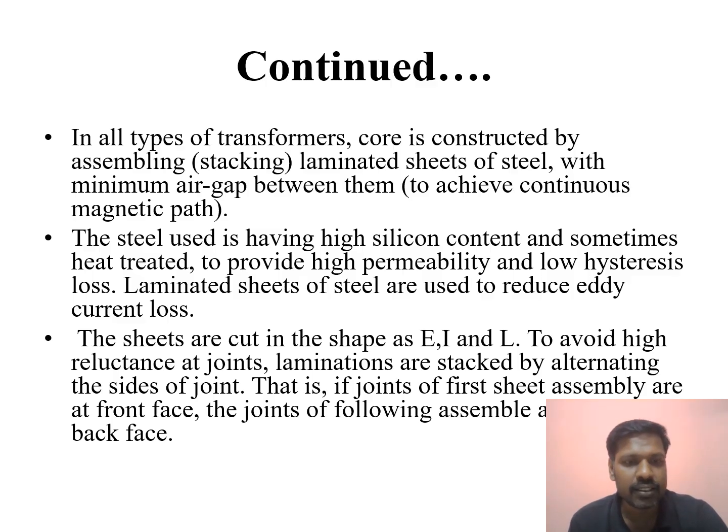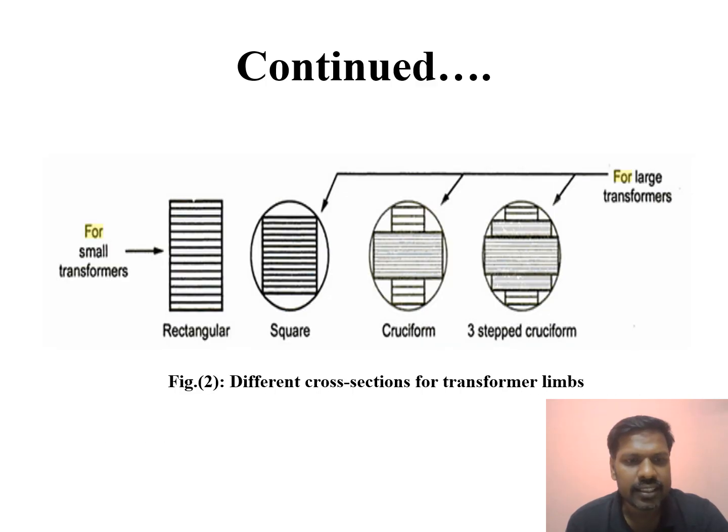The laminations are used to reduce eddy current loss. The sheets are also commonly cut into E shape, I shape, and L shapes and assembled so that the joints are staggered. One layer has joints on the front face, the next on the back face, which reduces magnetic reluctance at the joints.